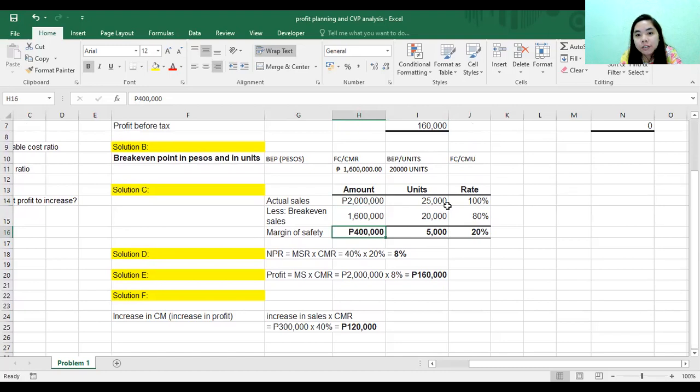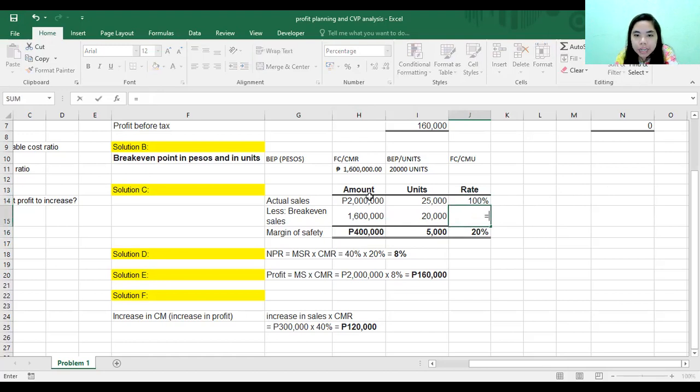And you have 5,000 units that can be lost until you break even. So to get the rate, your actual sales will represent 100%, your break-even sales is 80%. How to get this?